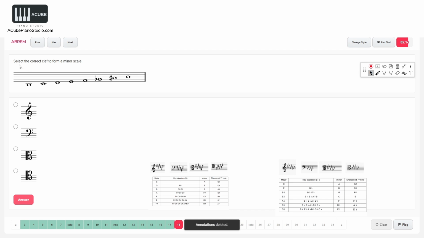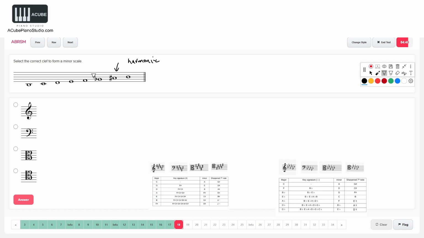Next, let's move on to this. Select the correct clef to form a minor scale. So I want a minor scale, right? They didn't say whether it is harmonic or melodic, okay? But one look at this, I know that it must be harmonic.